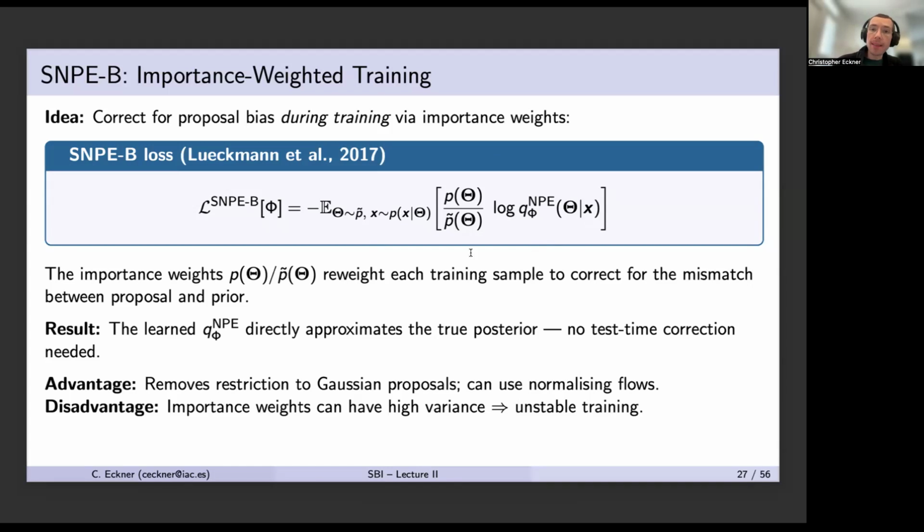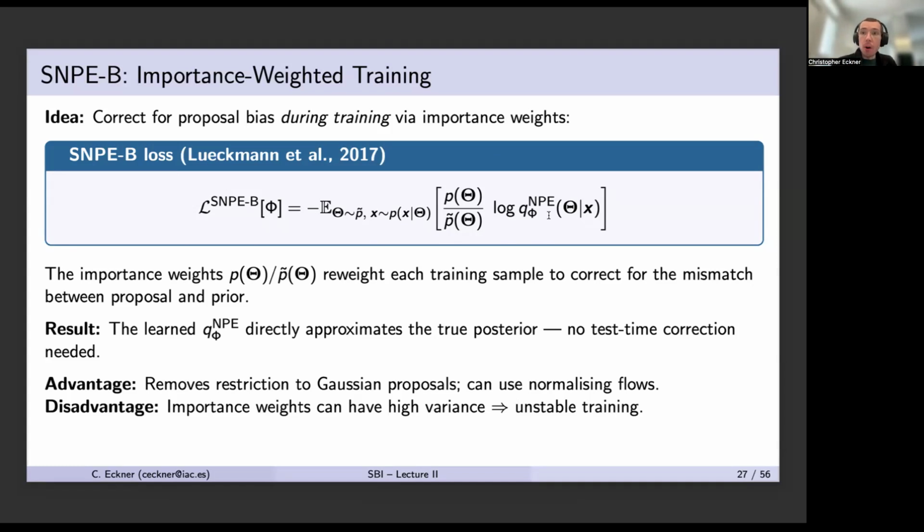And the importance weights are kind of just the same weights as before. So you have your initial prior and your new proposal prior, that is the posterior of your previous round. But these are now part of the loss function that you train on, plus, of course, the new posterior for this particular round of the sequential training round. Right. You can do this.